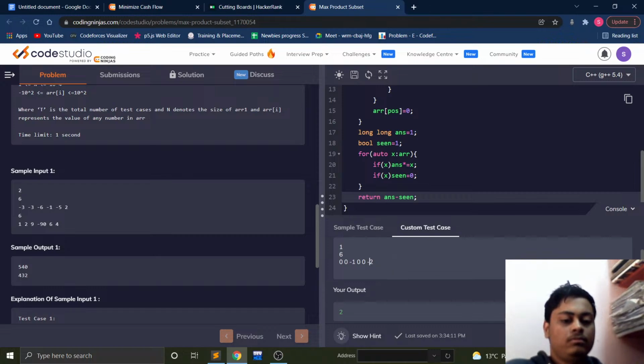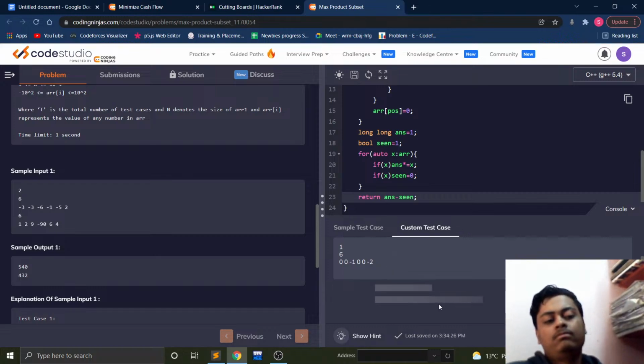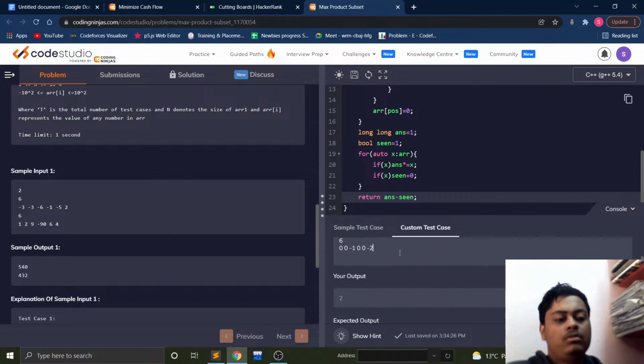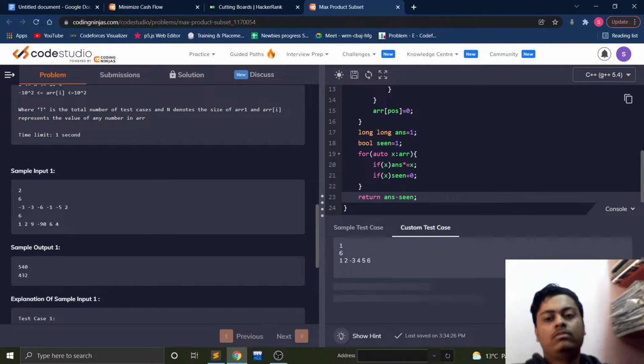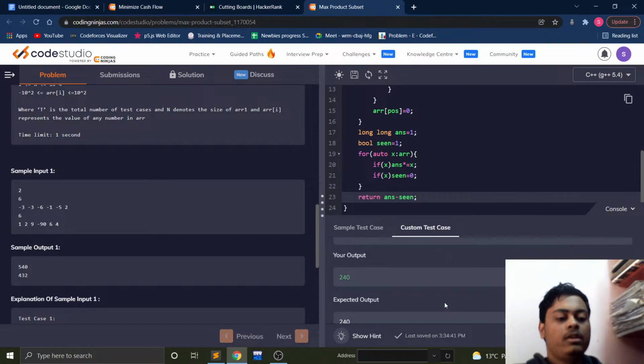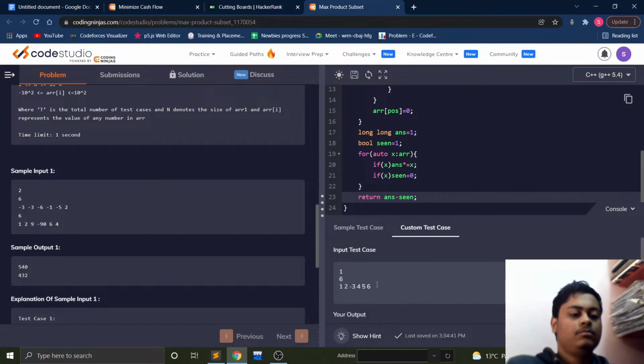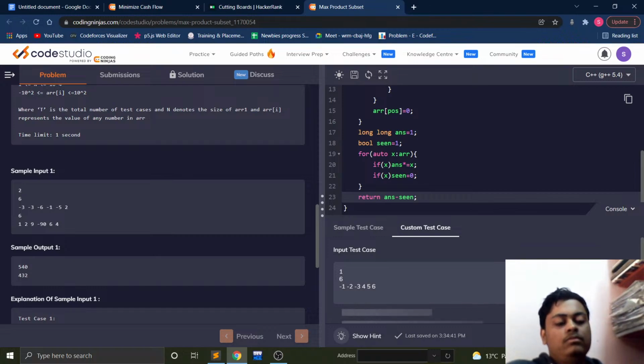Minus 2. So 2. 6. 240 is correct. This value should again be 240.